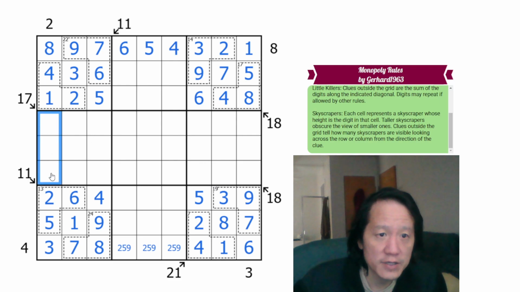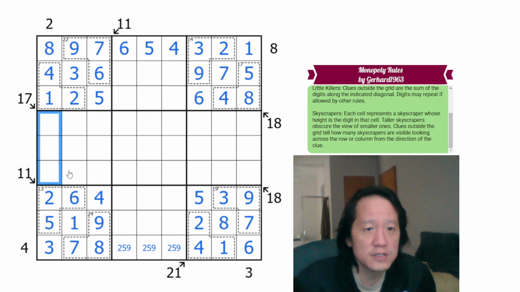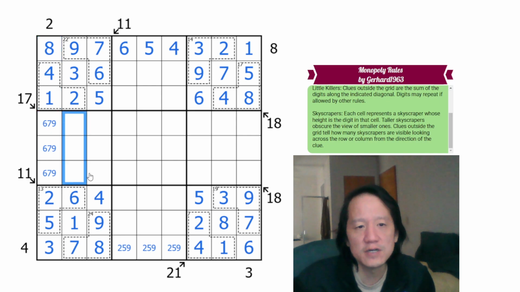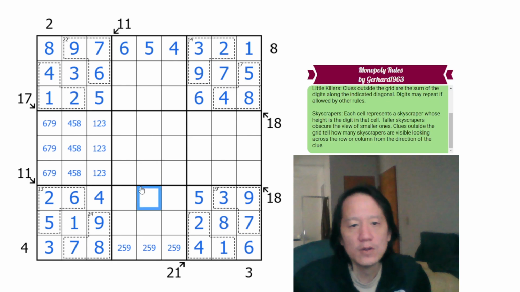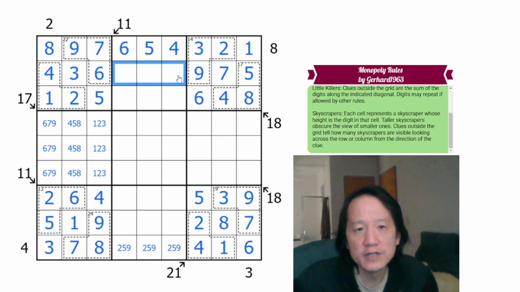What are these remaining cells? It has to be 6, 7, or 9. These remaining cells in this column are 4, 5, and 8. And the remaining cells in this column are 1, 2, and 3. Okay, the remaining cells here are 1, 2, and 8.